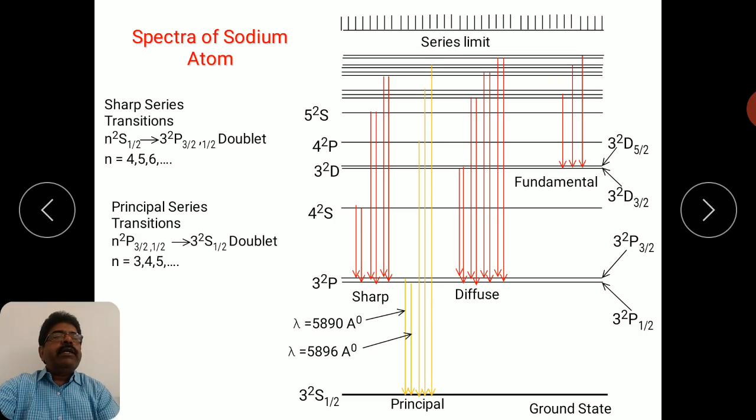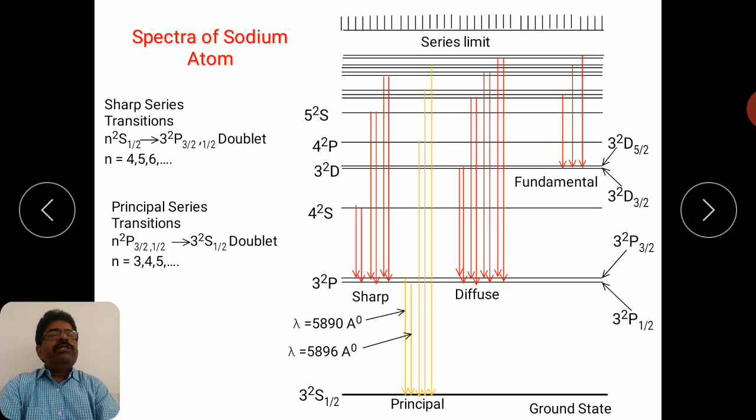The second transition, from 3 doublet P 1/2 to the ground state 3 doublet S 1/2, constitutes another line of wavelength 5896 angstrom. These are the yellow first and yellow second lines in the sodium spectra, known as the sodium doublet. Later in this video, I shall explain this sodium doublet once again.